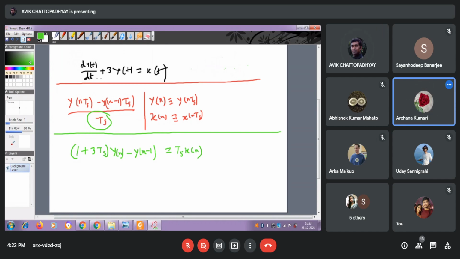So dz by dt will be zn minus 1 by ts, and z was yn minus 1 by ts. So when I put in the value of z in the derivative equation, we'll get yn minus 2 yn minus 1 plus yn minus 2 by ts square.